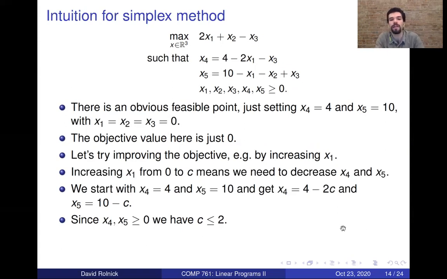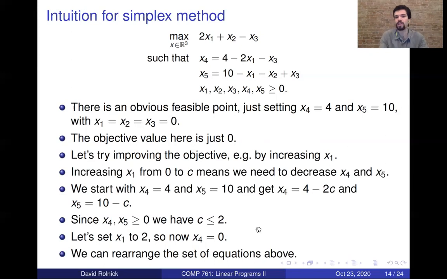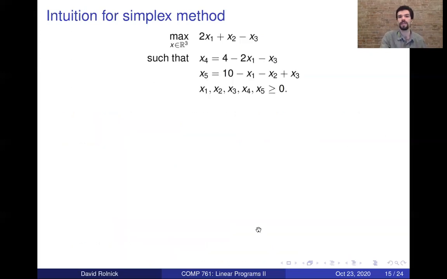So let's see what that translates into. We're going to set x1 equal to 2, and so now x4 is equal to 0, and also x5 decreases. Let's rearrange the set of equations to reflect that. So this is where we were to start with. In order for us to depict setting x1 equal to 2, what we're just going to do is move it over to the other side. So we're swapping these two.